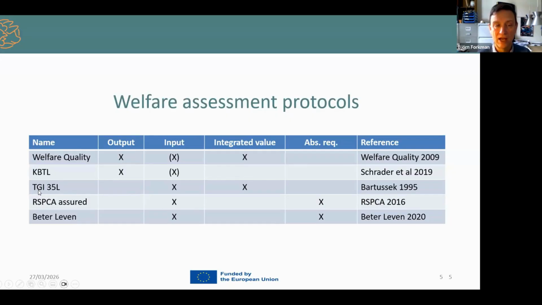Whereas others, like TGI or Speciae from the UK and Better Leven from the Netherlands, they all use input indicators, resource-based indicators, because that's simply easier to control. We'll get back to the integrated value and absolute requirement, these two columns, at my next lecture in 3 weeks' time, when I'm talking about aggregation of welfare indicators.